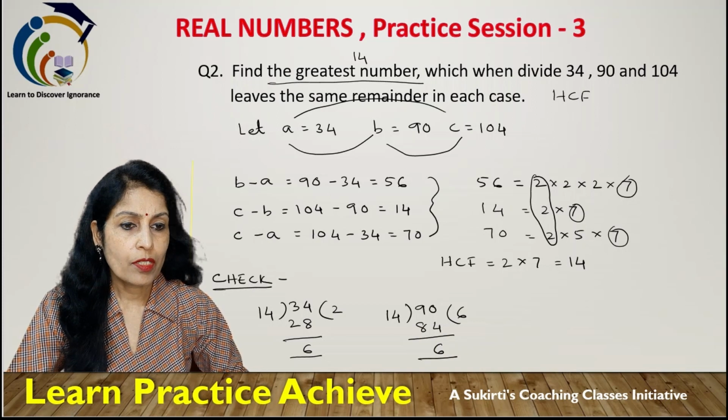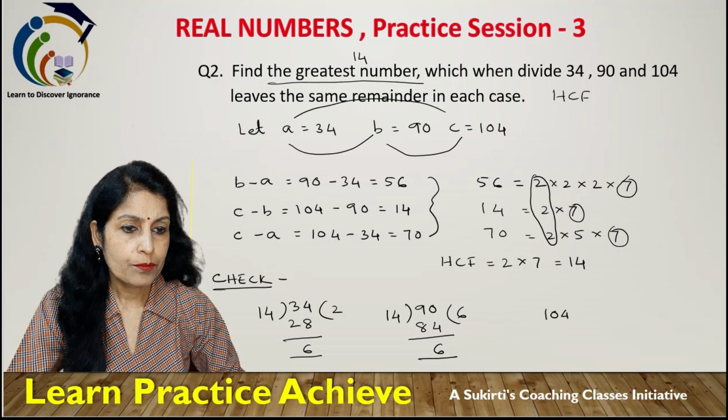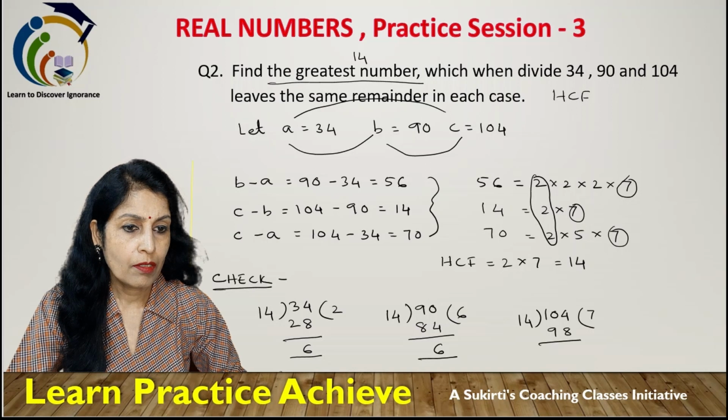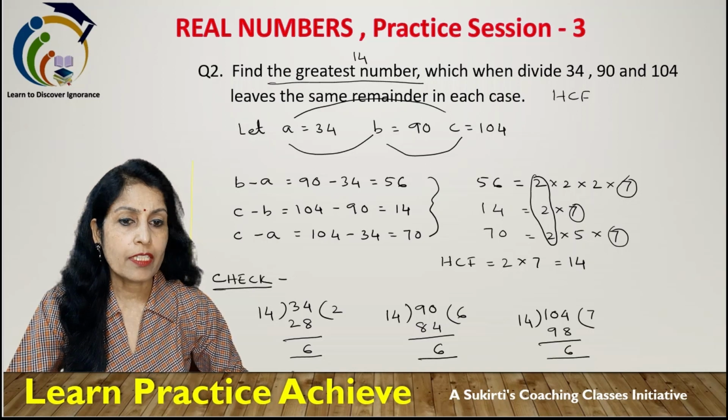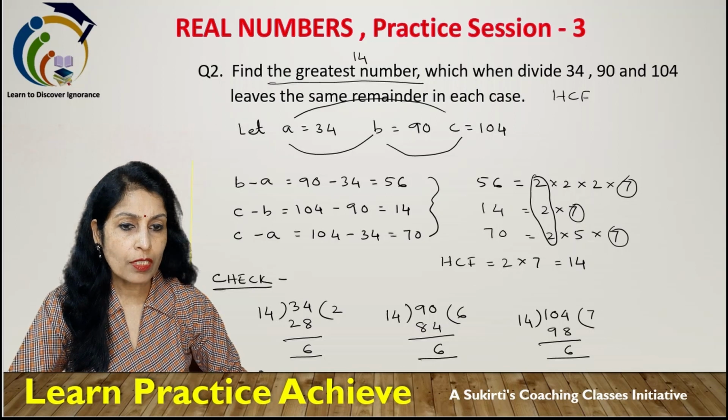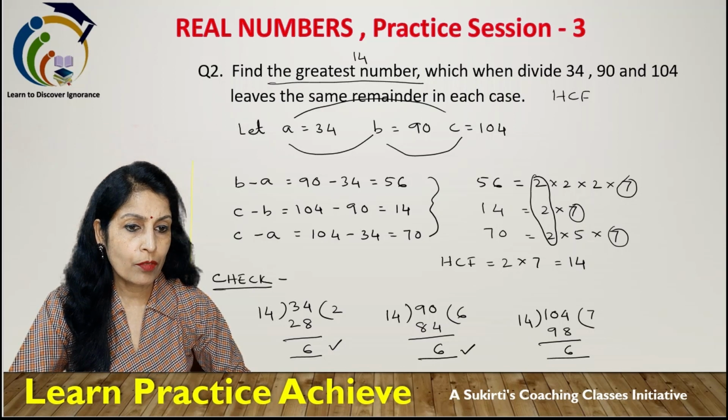And the last number is 104 by 14: 14 sevens are 98, and again you will get 6. So if you check the answer, you get the same remainder in all cases.